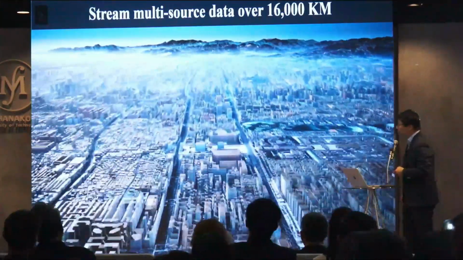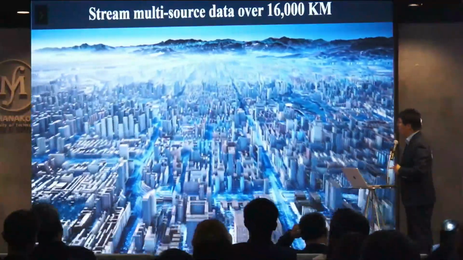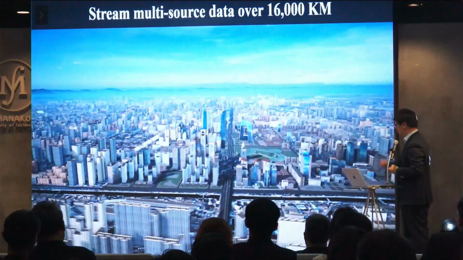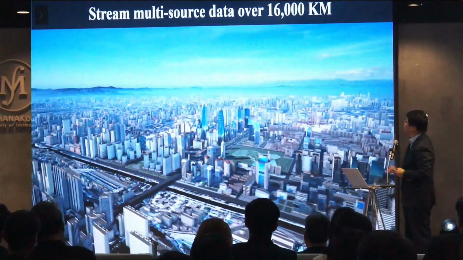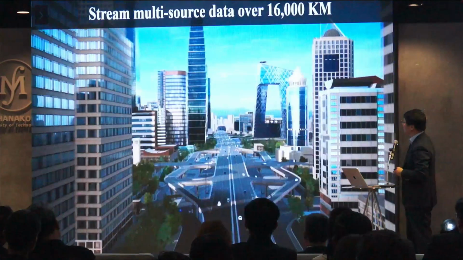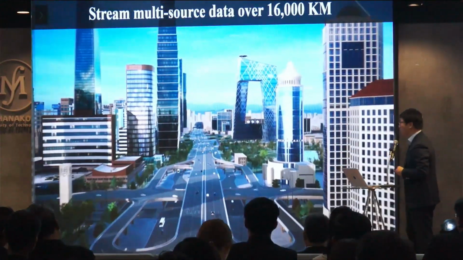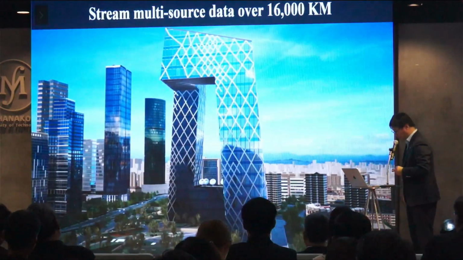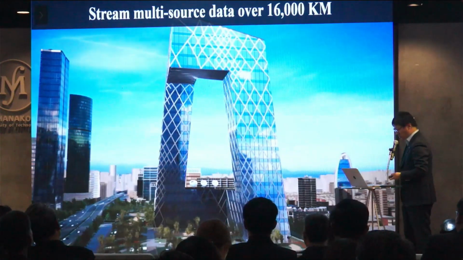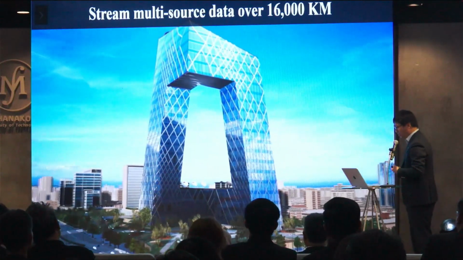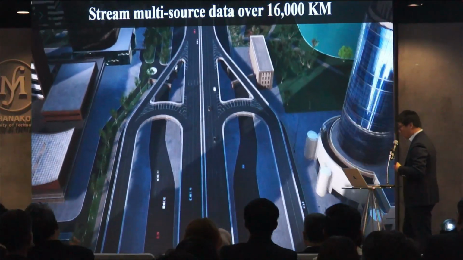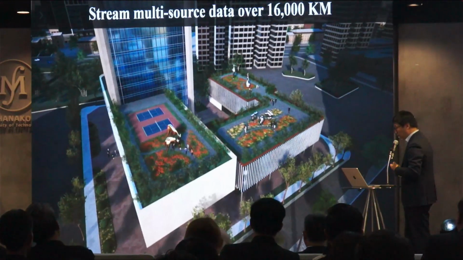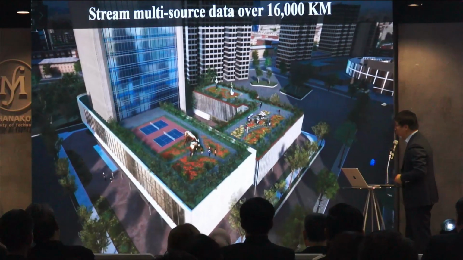This is over 1,000 kilometers of multi-source data, including the BIM, the 3D models, the terrains and the imageries, and the 3D mesh. We could create a realistic 3D digital representation to simplify complex issues and explain the whole scene to the stakeholders to make better decisions.